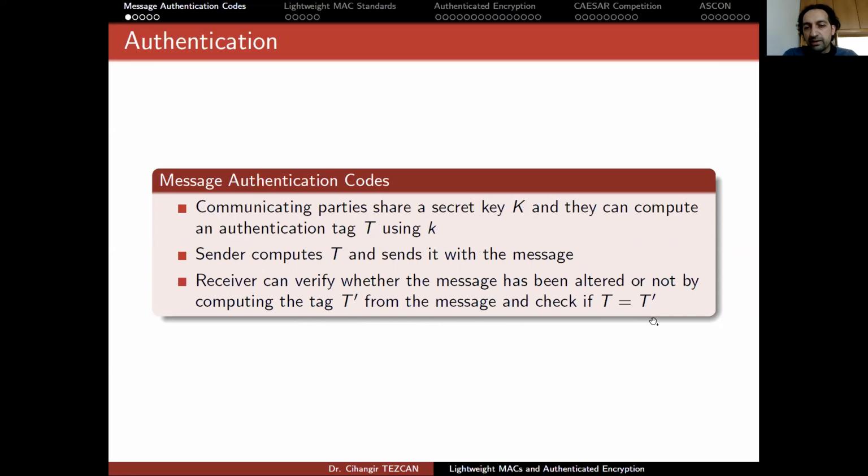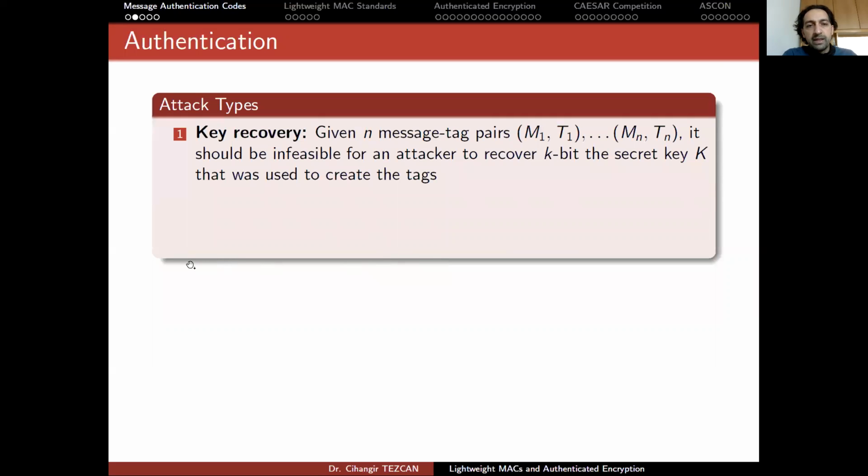Because if somebody changes the message, T prime would be something else, so they wouldn't match. And if somebody doesn't change the message but changes the tag during the communication, they wouldn't match either, so you would notice that somebody is altering the messages. So this is the main idea.